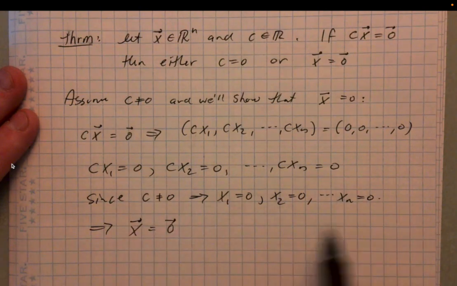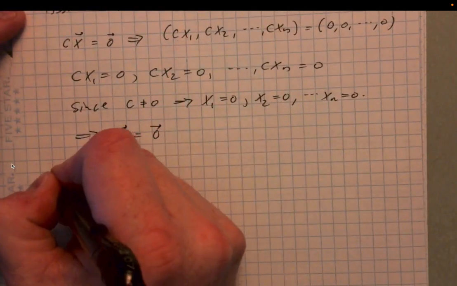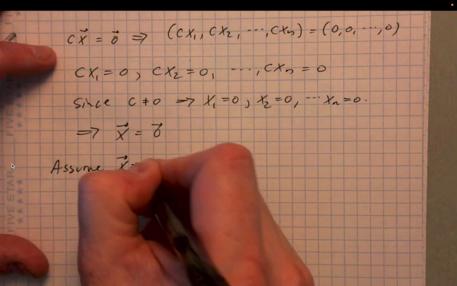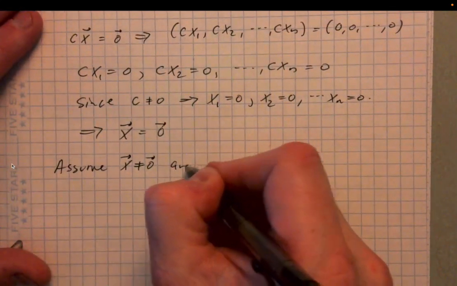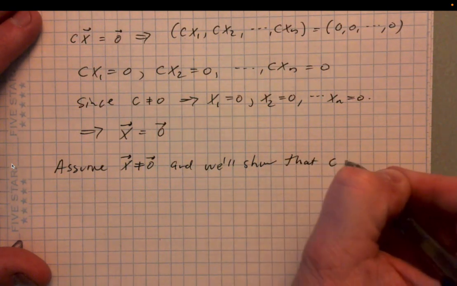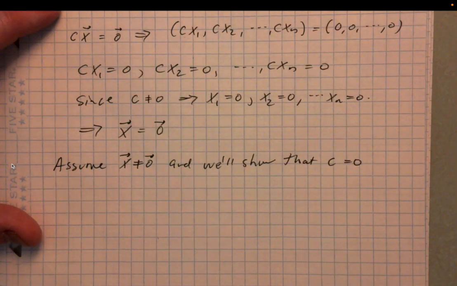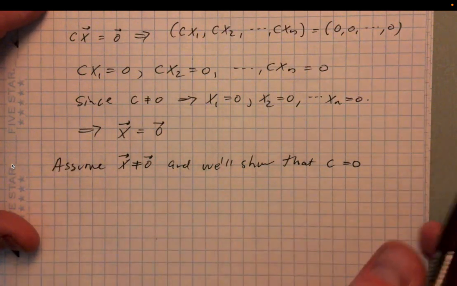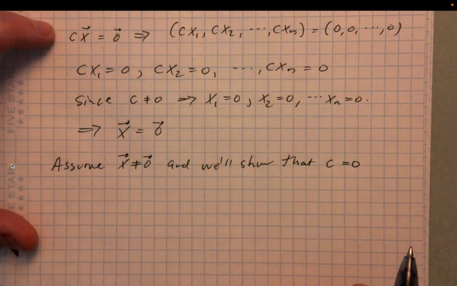Now let's do the other one. We've shown the one direction. So next let's assume that x is non-zero, not equal to the 0 vector, and we'll show that C is equal to 0. Okay, so let's see here. Let's start in the same fashion.